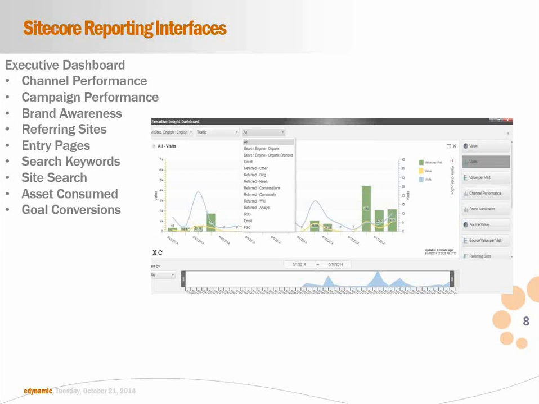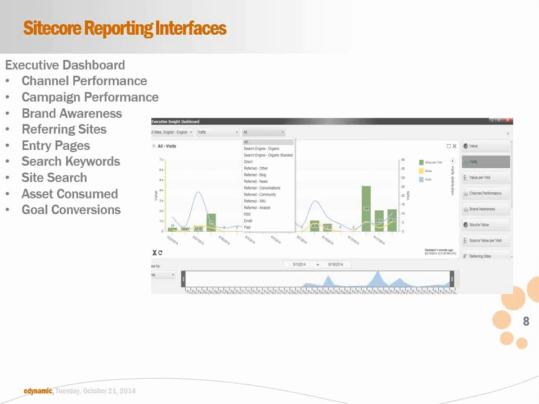Assets consumed is something interesting in the sense that it refers to visitors downloading brochures, white papers, and other assets from the website during a visit. Goal conversion: you can set up goals. The goal conversion report will tell you which goals had the most conversions and generated the most efficient visits on the website.